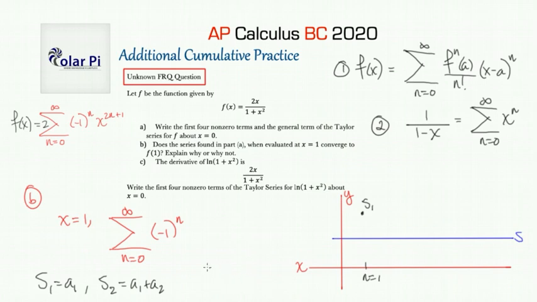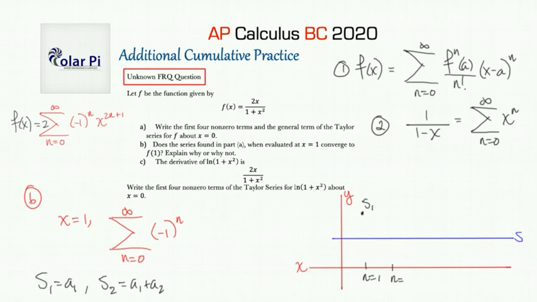Now, because they're alternating, if the first term was positive and so it was up here, then the second term, when you add it to the first term for s2 when n is equal to 2, is going to bring you down below the value of s. So it'll be over here, but it will get closer to s, right? And then the third, when n is equal to 3, will be on the other side, but it'll get even closer. And so they eventually get arbitrarily close to the number s, and so they converge to the number s. That's when they converge.